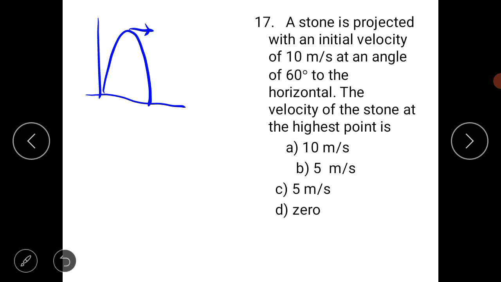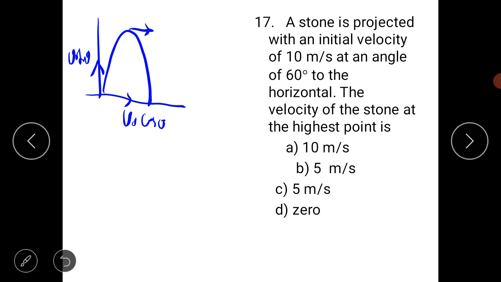This v naught we can split into two components. One is v naught cos theta, another one is v naught sin theta.